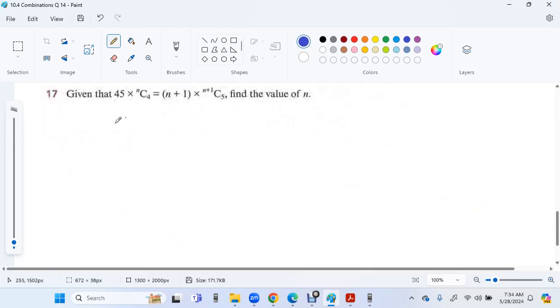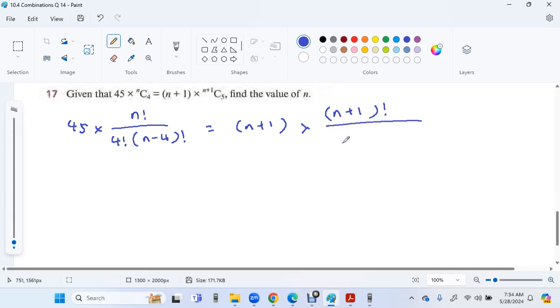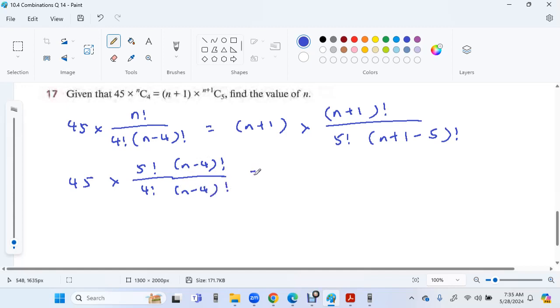Question number 17. So we have 45 times n factorial over 4 factorial, n minus 4 factorial, equal to n plus 1 multiplied with n plus 1 factorial over 5 factorial, n plus 1 minus 5 factorial.